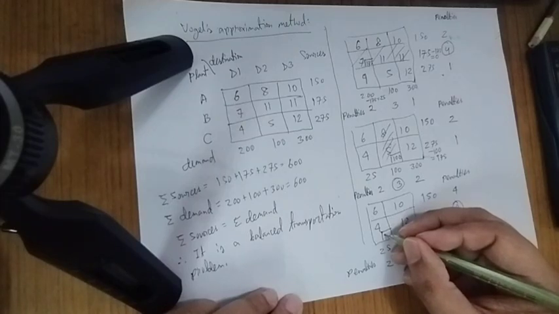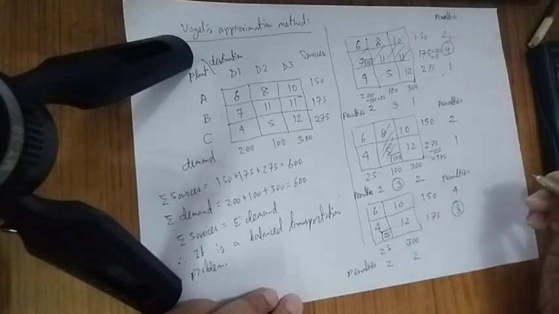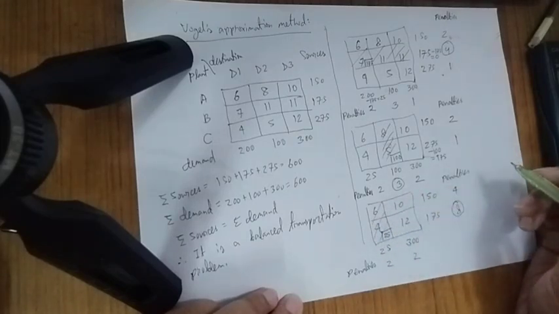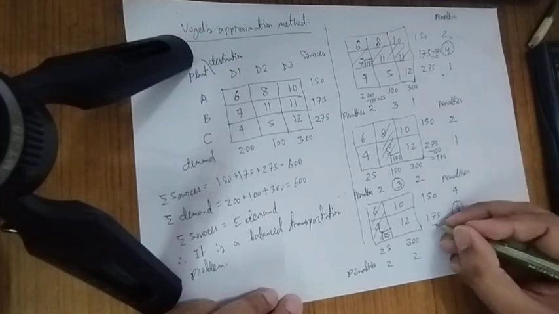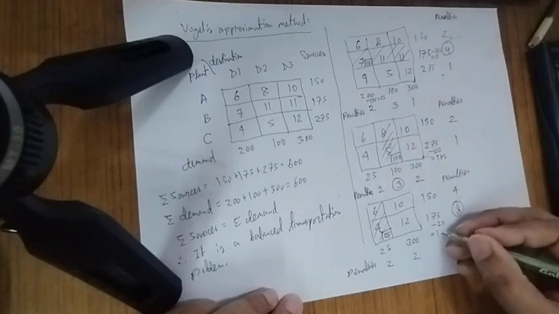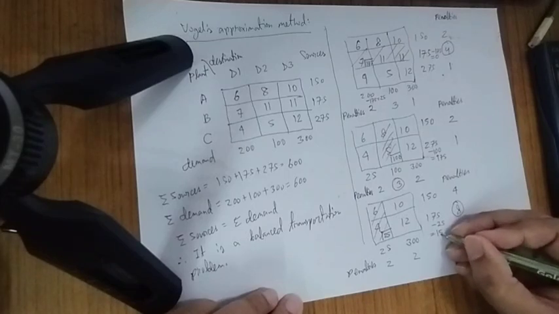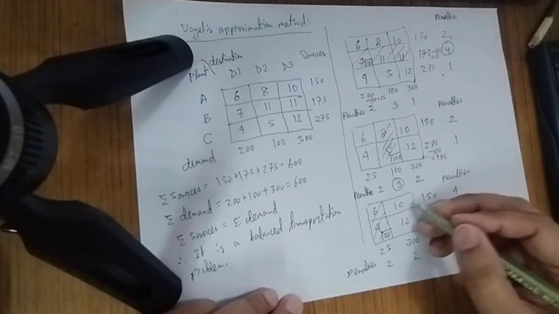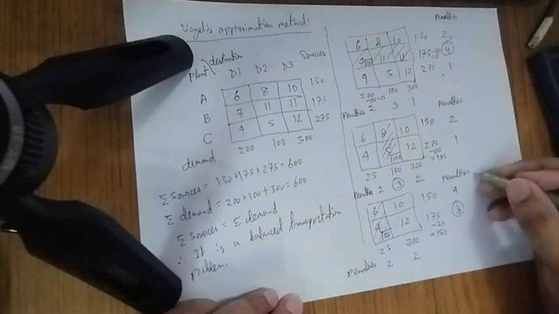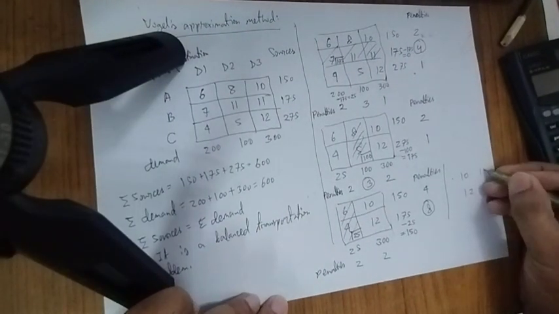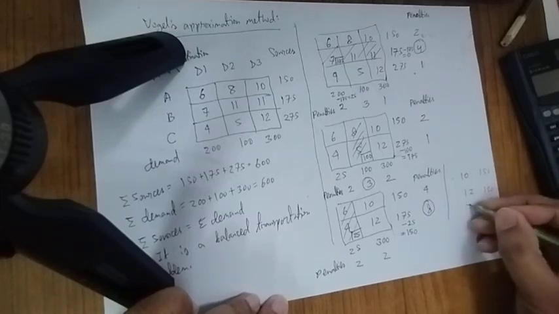If we assign 25 here, then it is exhausted. Correspondingly, 175 minus 25 becomes 150, and now the matrix will become 10, 12, with 150, 150, and the demand 300.